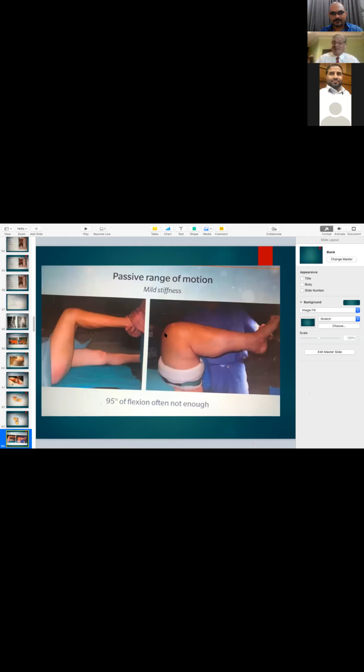So up to 90 degrees is not accepted. Flexion often needs to be 120 or more. Mild stiffness up to 90 degrees of flexion may initiate the pain. So you must deal with the condition or type of the implant, high-flex type or not, to avoid the complication of stiffness.